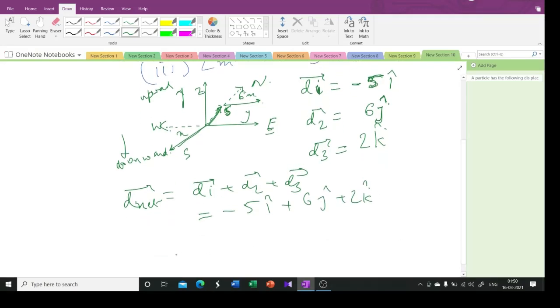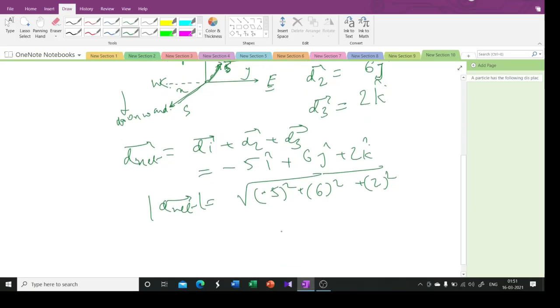And the magnitude of the displacement is nothing but root over of (minus 5) square plus 6 square plus 2 square. So this is basically root over of 25 plus 36 plus 4. So basically it's root over of 65.